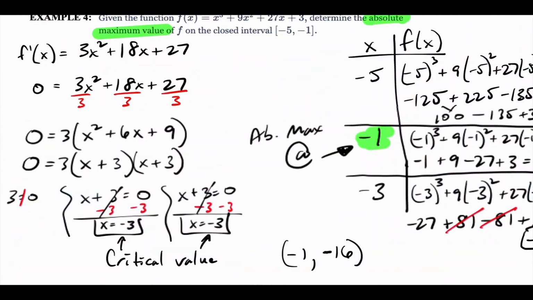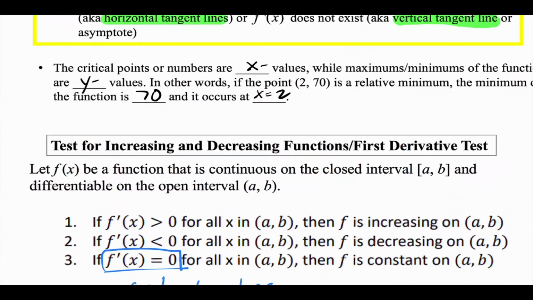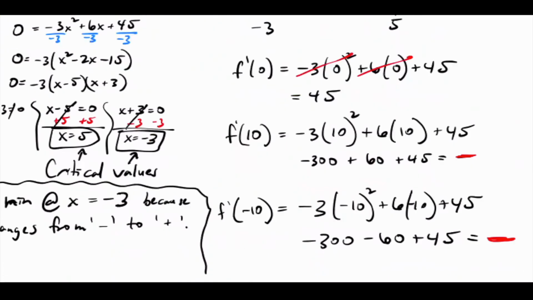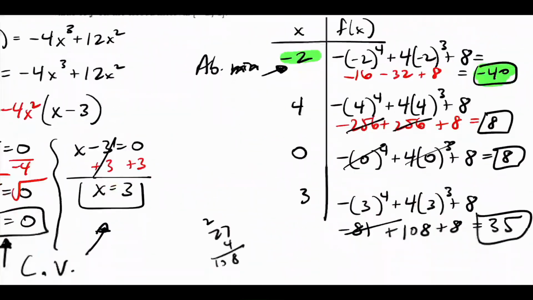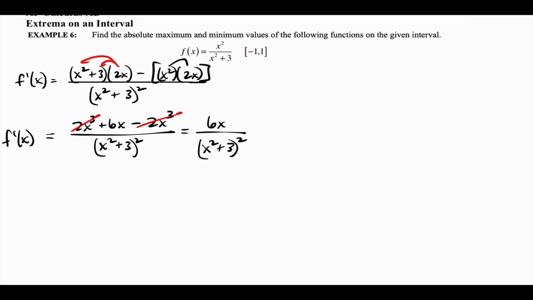Well, when you're looking for critical values, we talked about this yesterday. Actually, we talked about it just earlier today. We check where the derivative equals 0 and where the derivative doesn't exist. Okay, for critical values. So let's go back here. To make this 0, which part would have to be 0?